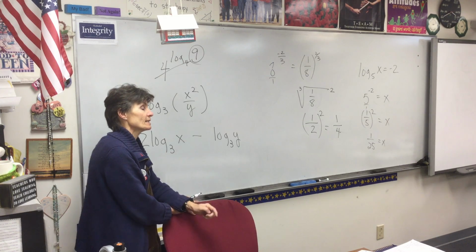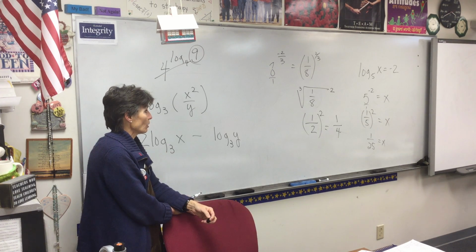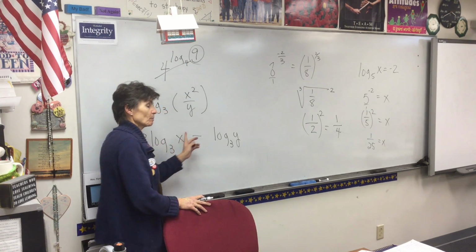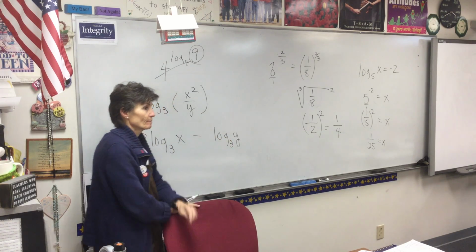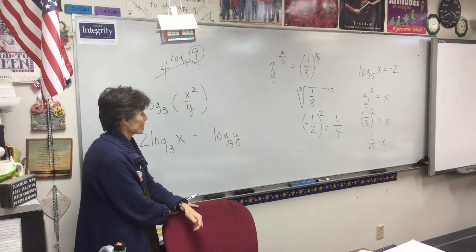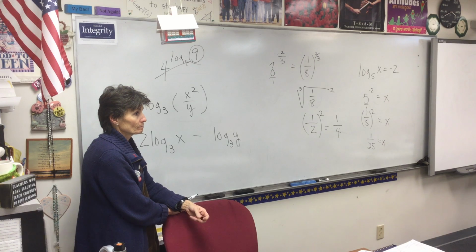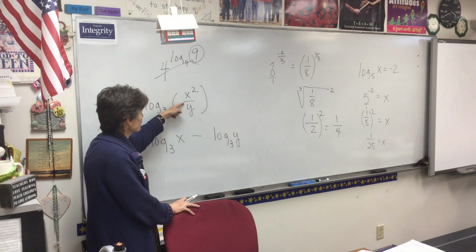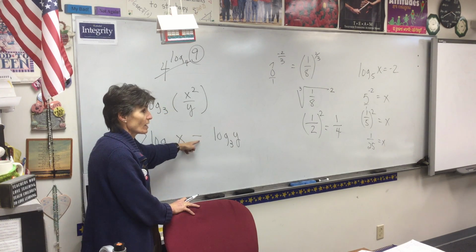That doesn't have anything to do with anything. That could be a 7, and it wouldn't change anything about the problem except those would be 7s. Is that okay with everyone? Exponents are coefficients, subtraction or divisions are subtractions.